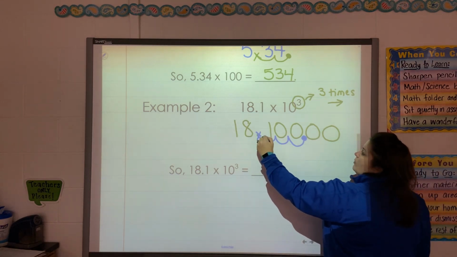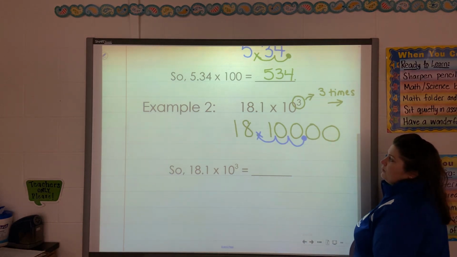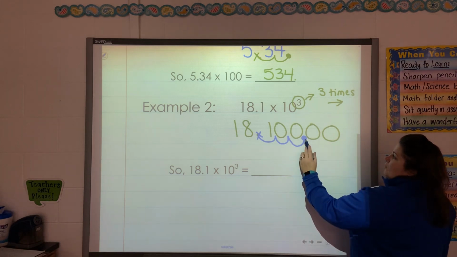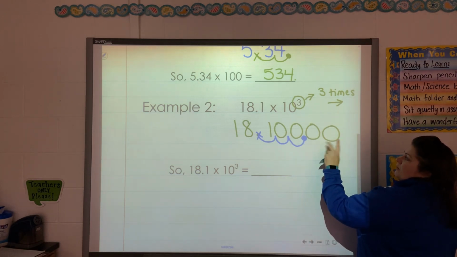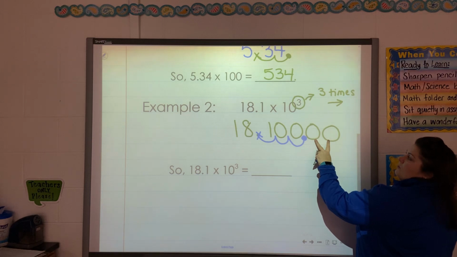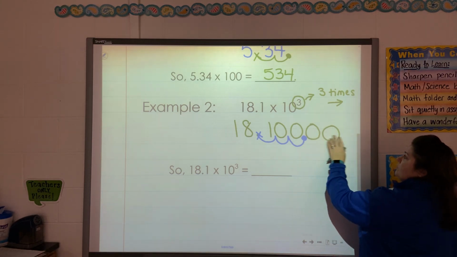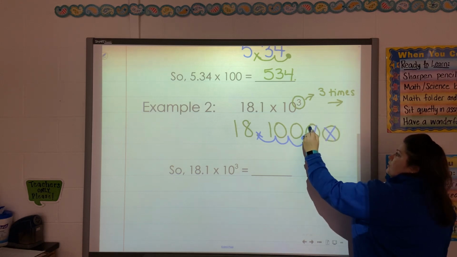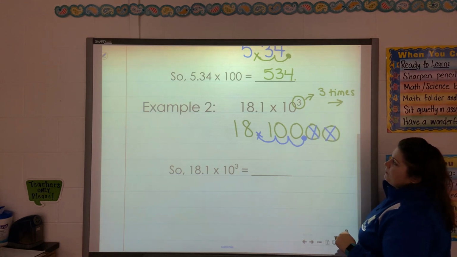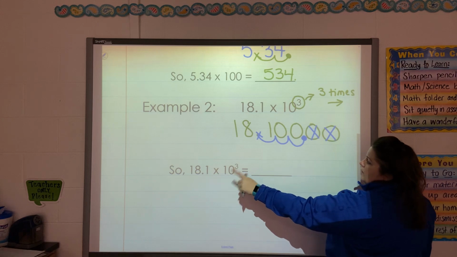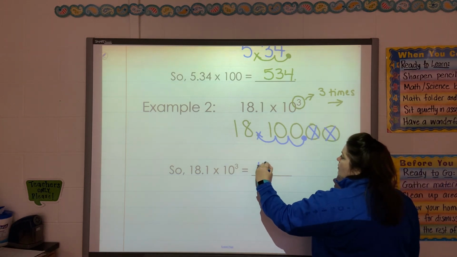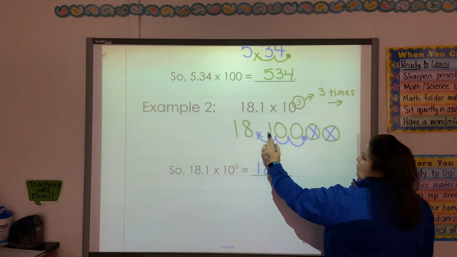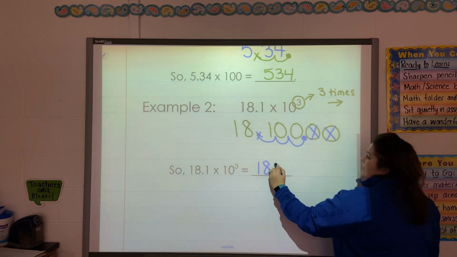It's no longer between the 18 and the 1. I really don't need these 2 zeros anymore because they're zeros and there are no other digits after my decimal point. So they were just extra. I don't need them. So 18 1/10 times 10 to the third power is 18100.